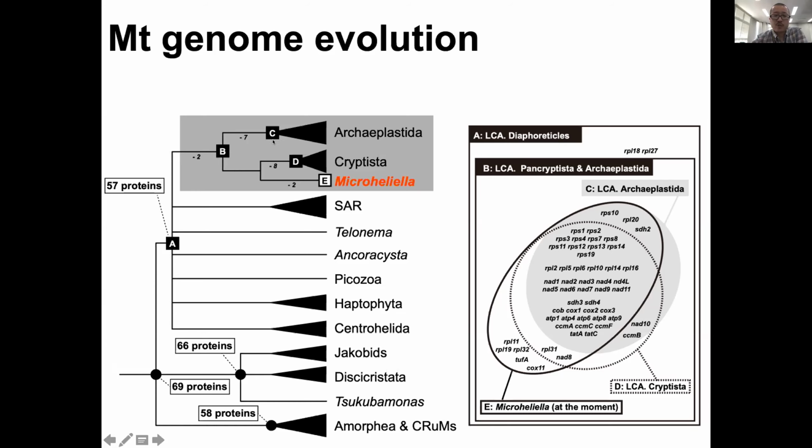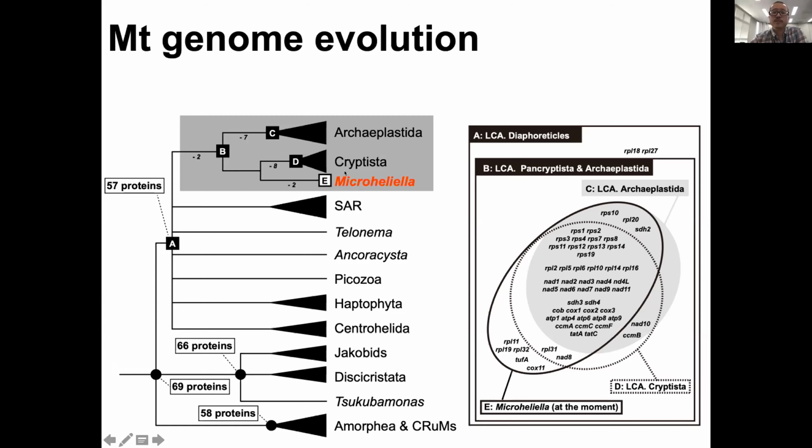And from B to C, which is the common ancestor of Archaeplastida, another 7 genes moved from the mitochondrial genome to the nucleus. And from B to D, another 8 genes moved to the nuclear genome from the mitochondrial genome. And from B to E, which is Microheliella maris at the present day, just 2 genes moved to the nuclear genome from the mitochondrial genome.